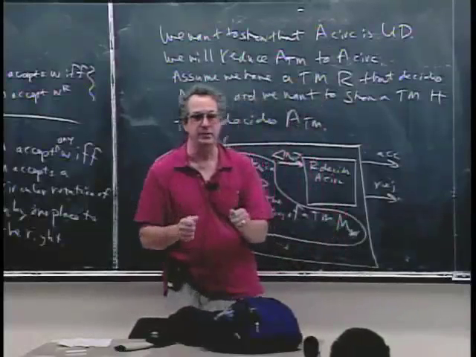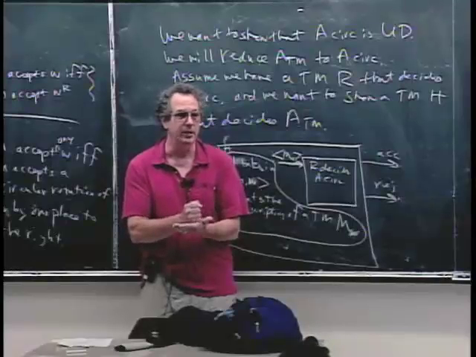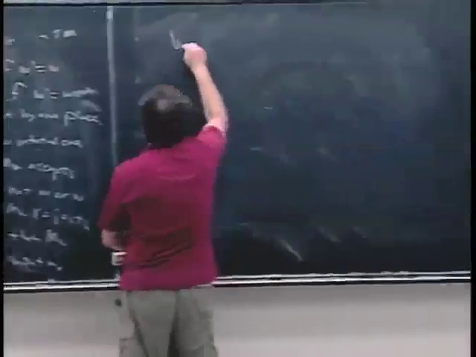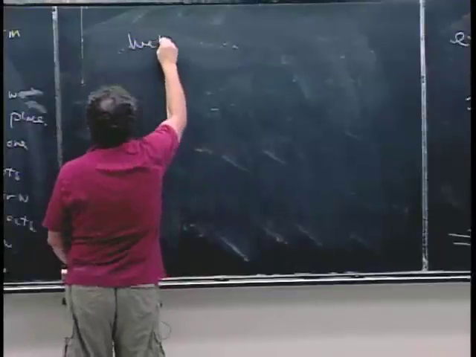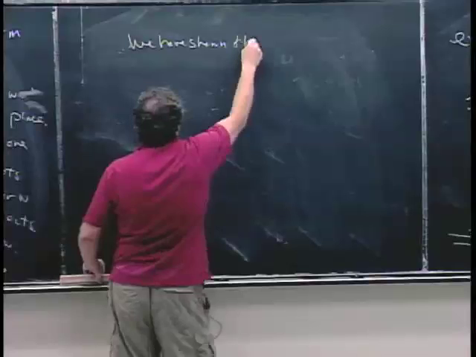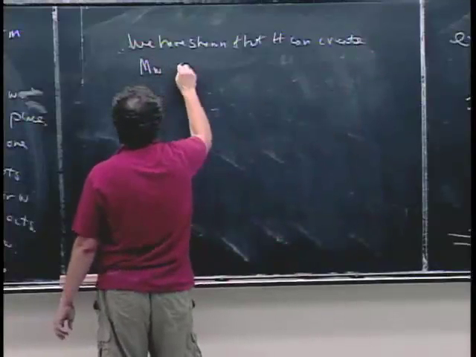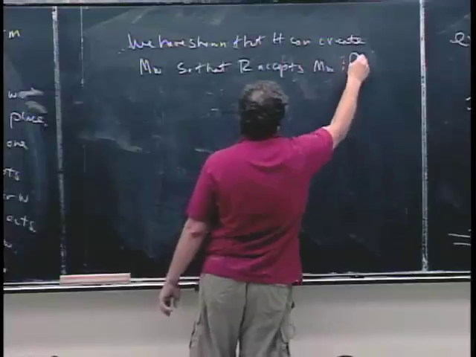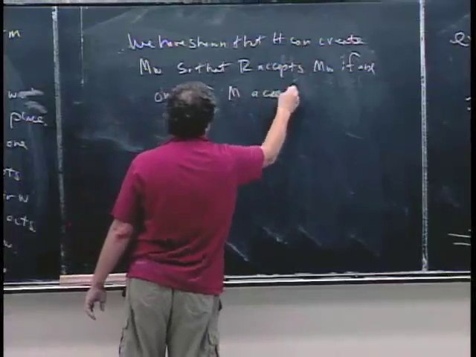This is the key thing that I want you to see: R accepts MW if and only if M accepts W. So we have shown that H can create MW so that R accepts MW if and only if M accepts W.